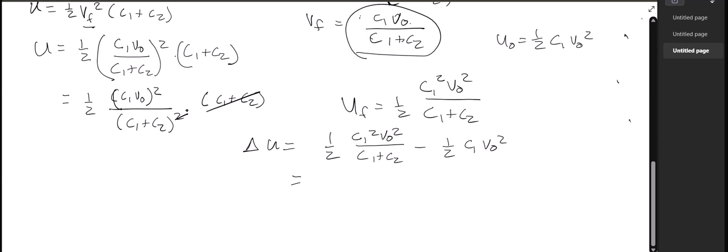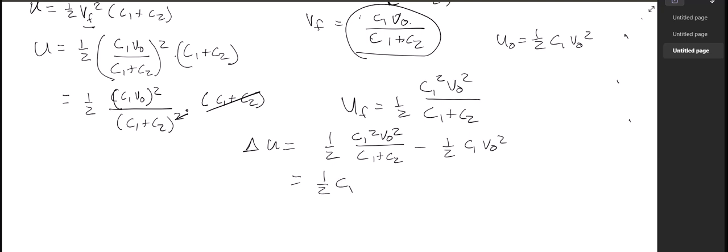And if I factor out a 1/2 C1 V naught squared, I'm left with, from this first one, C1 over C1 plus C2. And then from the second one, I have minus 1.